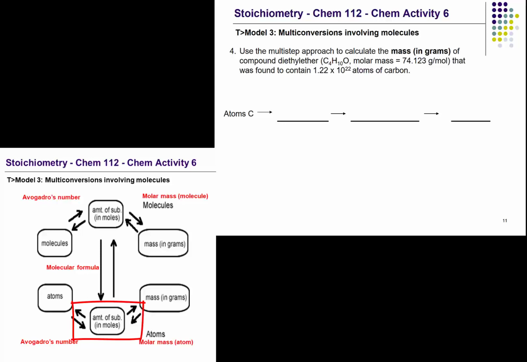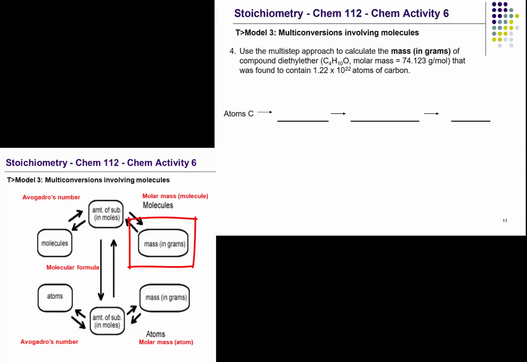Then use the molecular formula to convert the amount of carbon atoms in moles to the amount of diethyl ether molecules in moles. And then finally, once we know the amount of diethyl ether in moles, we can figure out what is the mass of our compound.